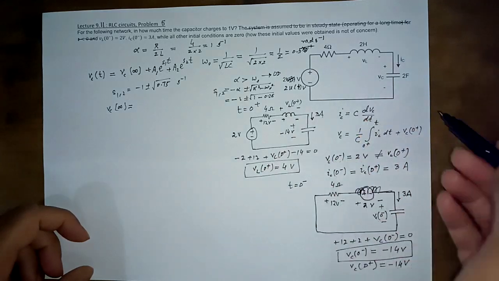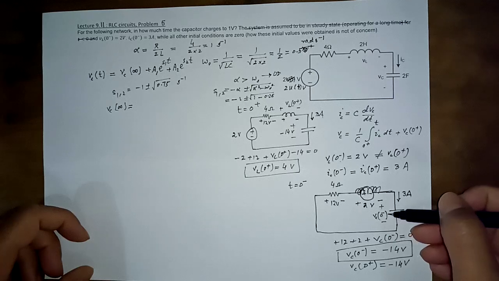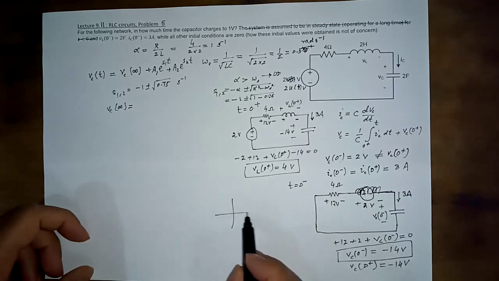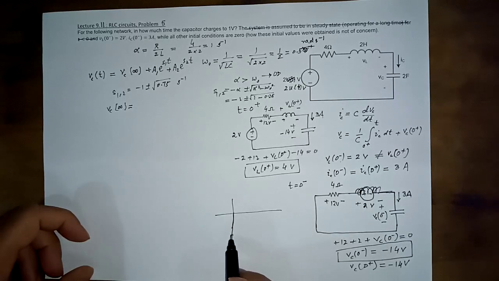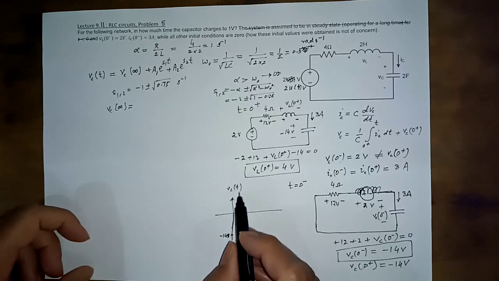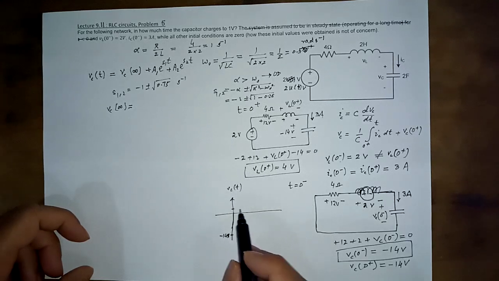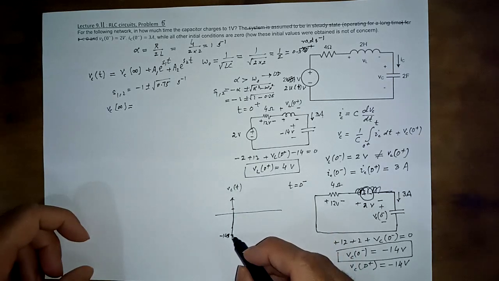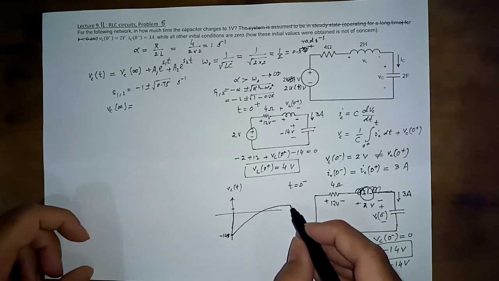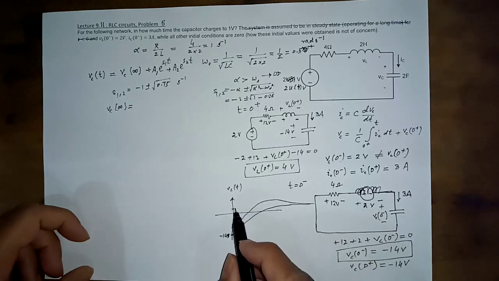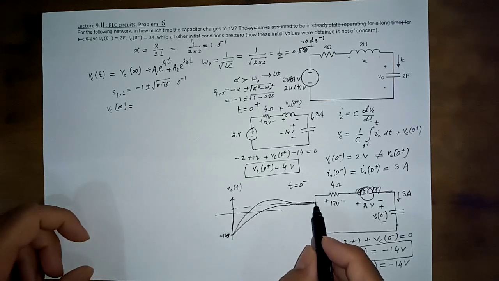So obviously the voltage, taking a value from minus 14 volts at t equal to 0 plus to 2 volts, because it's over damped, may be something like this, depending upon the circuit. May once overshoot but not overshoot again.